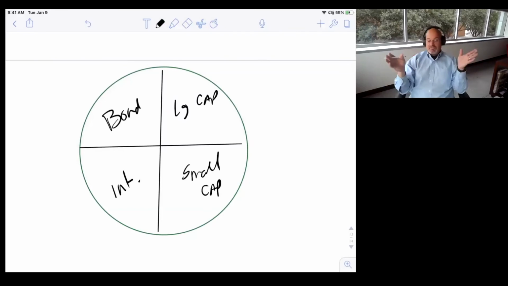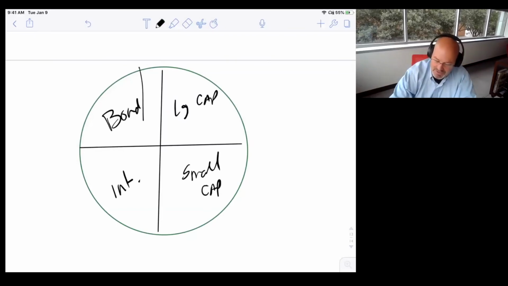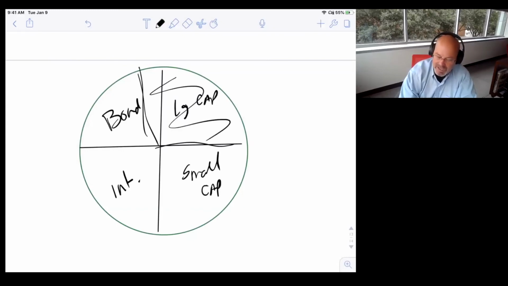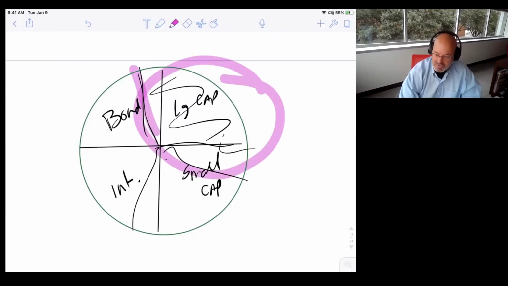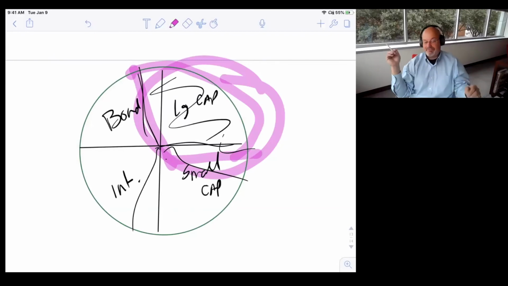So you have 25% of everything there. But over time, let's say that the S&P 500 goes way up and bonds go down. So now down the road, and let's say international goes down, small cap goes down. So now let's just say that your large cap, it's like this much. It's what, 35% instead of 25%.